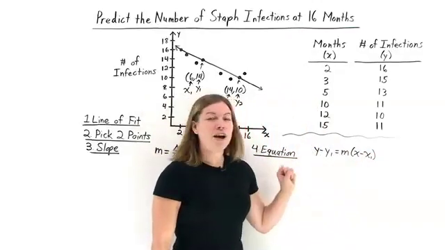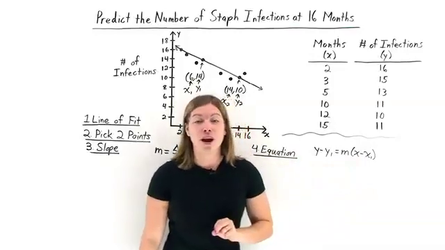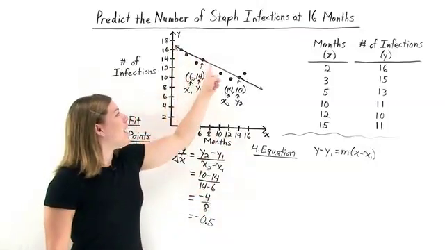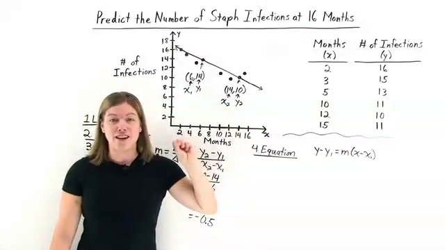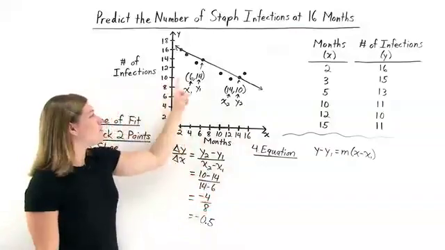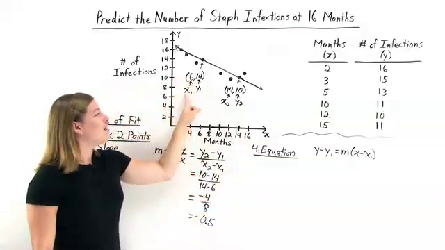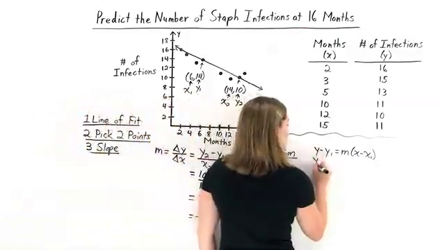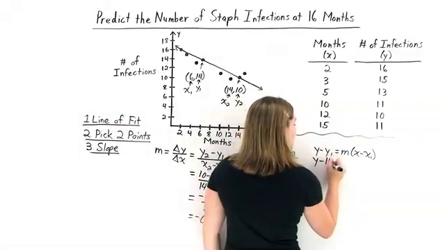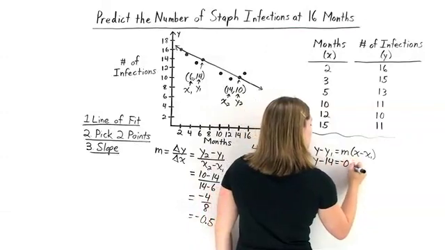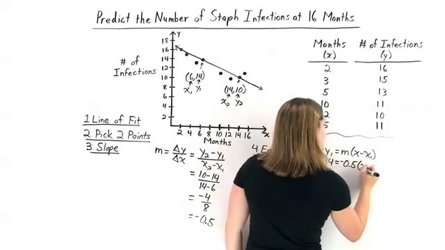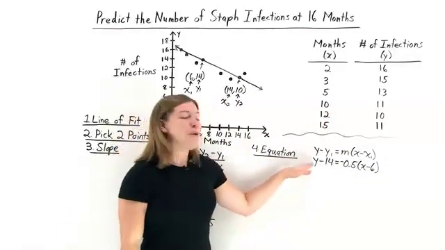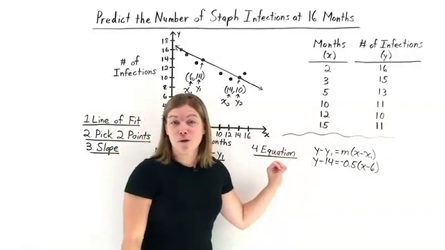And x sub 1 and y sub 1 are coordinates from an ordered pair that comes from our line of fit. So, we could pick any point that falls on our line of fit. But here, let's use this point, (6, 14), since our coordinates are already labeled x sub 1 and y sub 1. So we plug those in and we have y minus 14 is equal to our slope, negative 0.5, times x minus 6. Perfect! This is the equation of our line of fit in point-slope form.